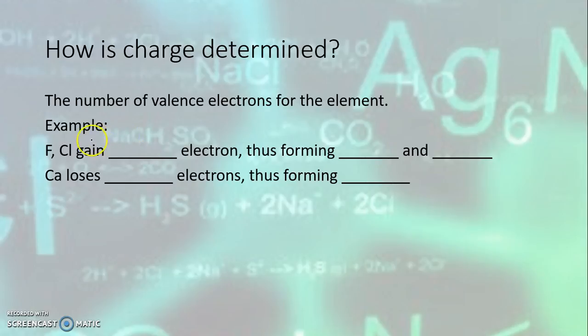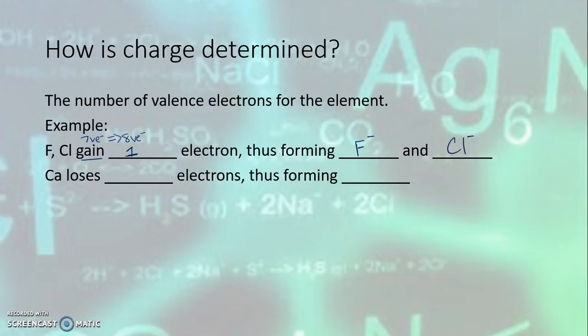They have 7 valence electrons, and in order to become like the noble gases next to them, they need to have 8 valence electrons. In order to make 8, they have to take 1, so they're going to gain 1 electron. And when they gain 1 electron, it's going to form a -1 charge. So you're going to end up with fluorine with a -1 charge and chlorine with a -1 charge.